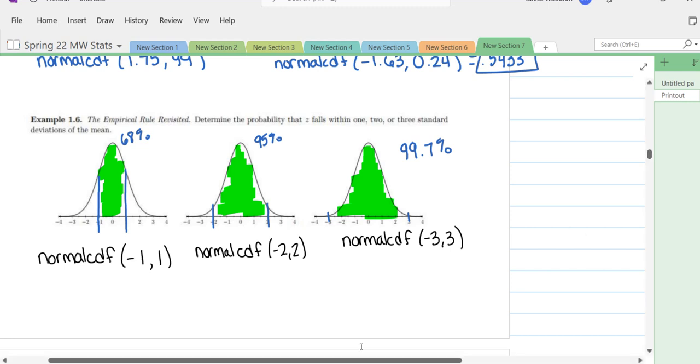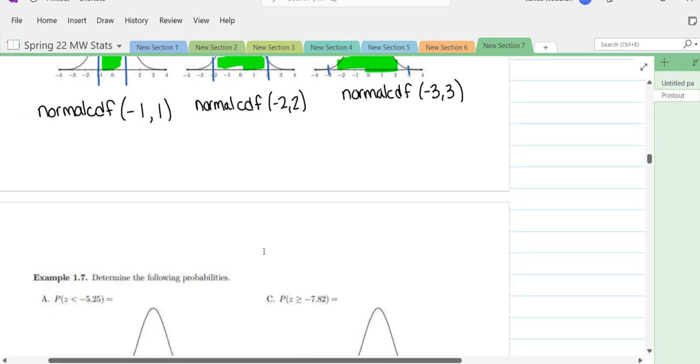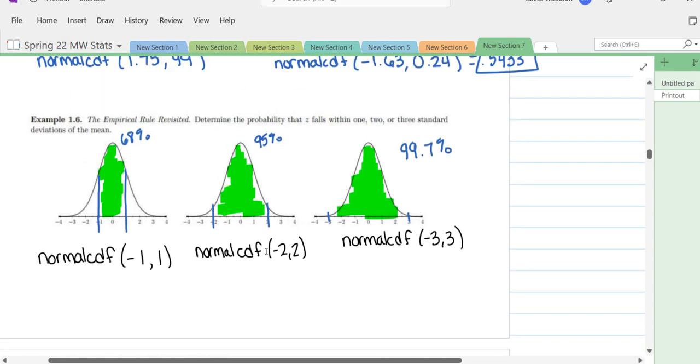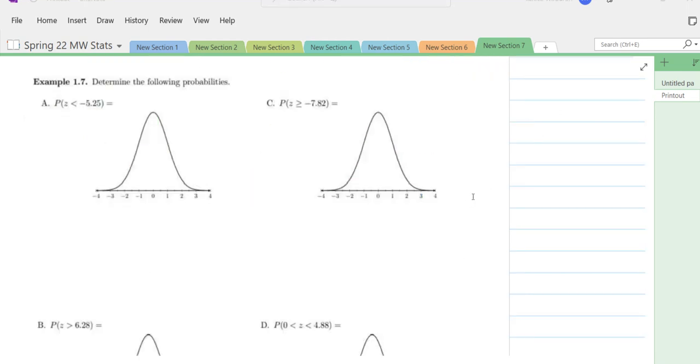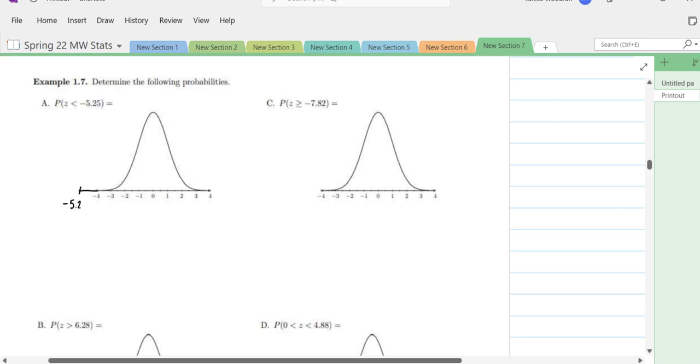All right, so let's look at a couple of examples here. If we look at this one, we have the probability that z is less than -5.25. So if I go to my curve and draw that, that's way over here. And then we want the area to the left of that. So this is what we're looking for here.